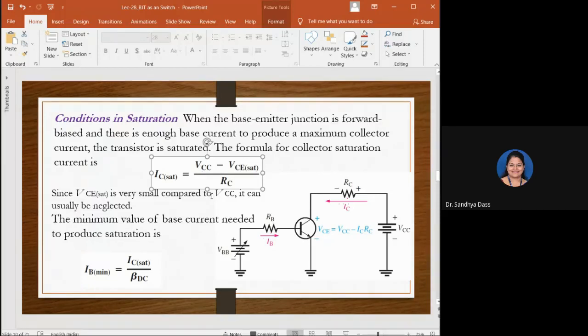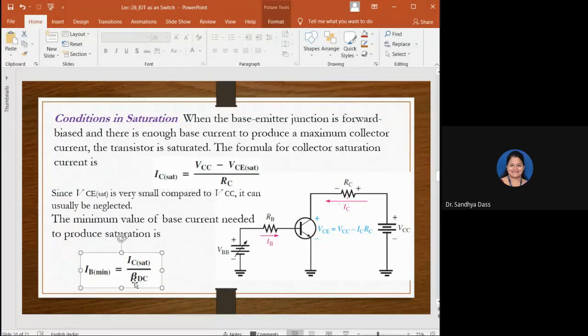Now, we get this saturated collector current for a particular value of base current. So what should be the minimum value of base current so that I get the saturated collector current?